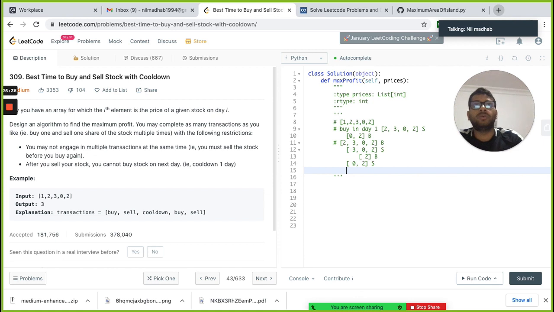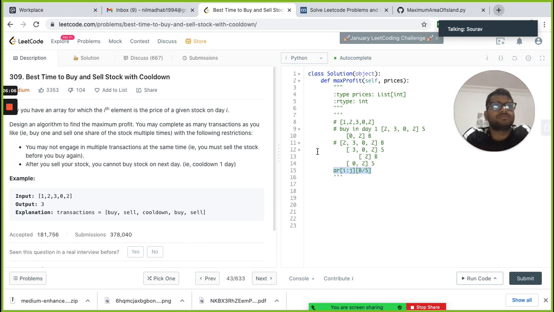We can have a DP array of i to j, and we have to do either a buy or a sell, and we can store this and use it again and again. Does it make sense? Yes.